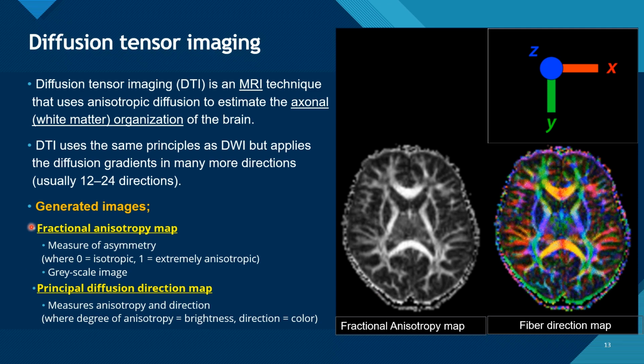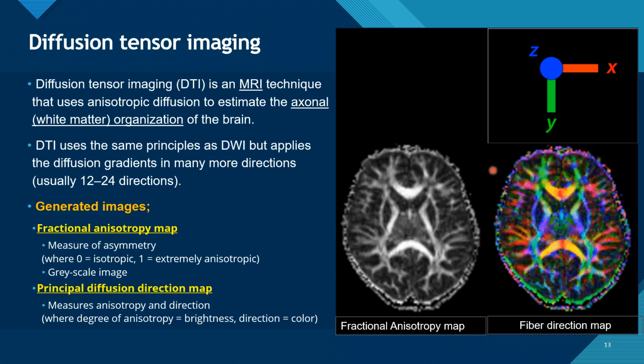So we have seen the fractional anisotropy map and how it is represented on the image. Let's go to the principal diffusion direction map, which is otherwise called the eigenvector map. And the eigenvector map means the eigenvector is the principal diffusion direction. So this also measures anisotropy and direction of diffusion. But here the direction is color-coded, so we know the direction of each fiber exactly.